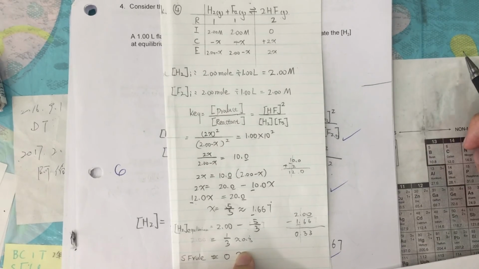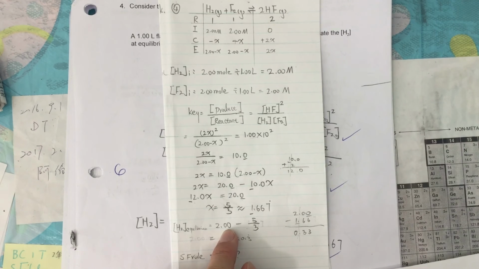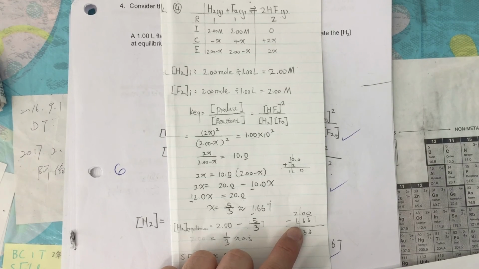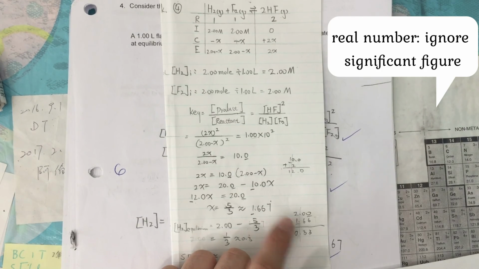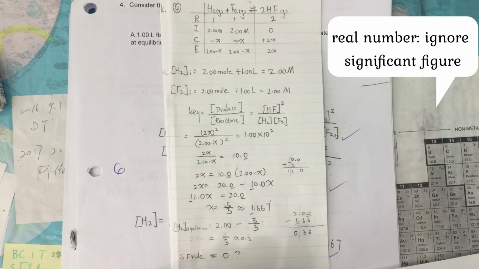So 1/3 is actually 0.3333, something like that. 2.00 is actually 3 sig figs, but here 1.66 is 1 sig fig, so the answer is going to be 0 if we care about sig figs. However, the real answer is just 0.333.